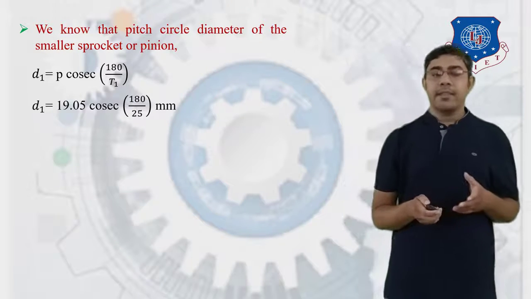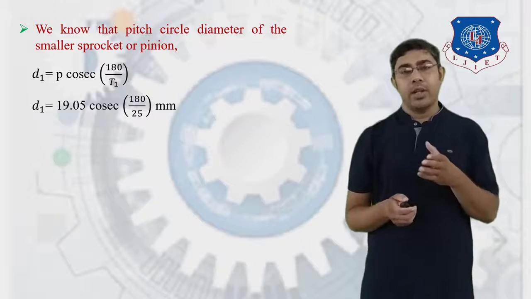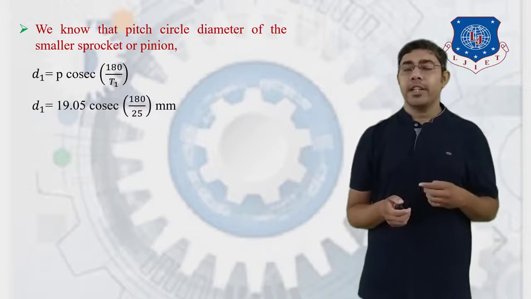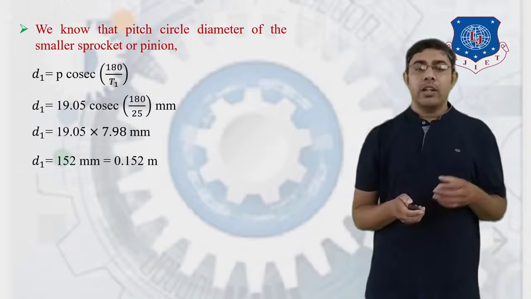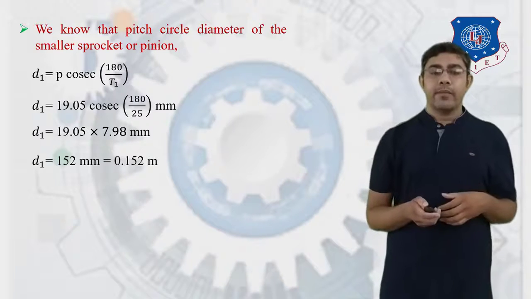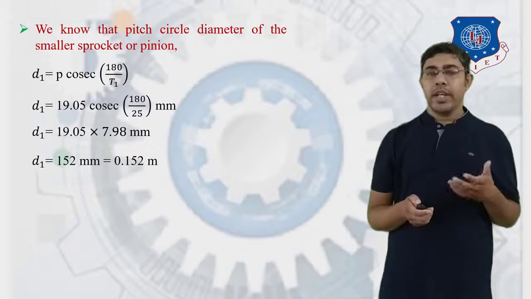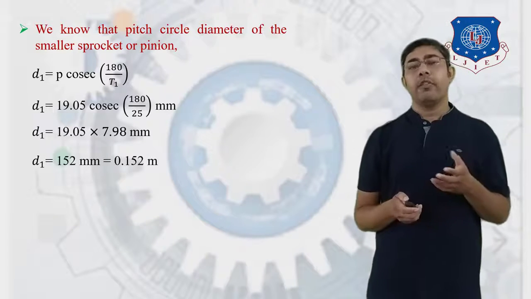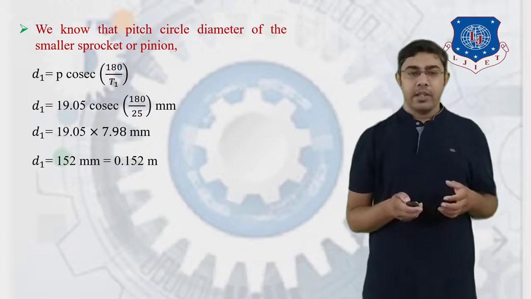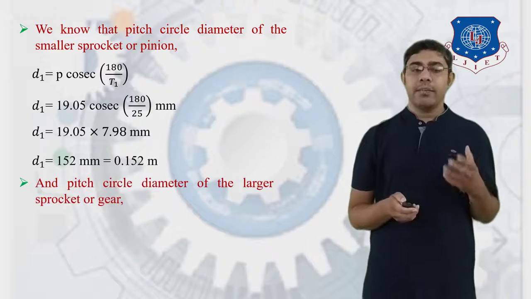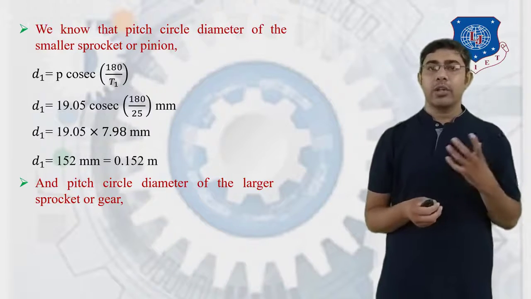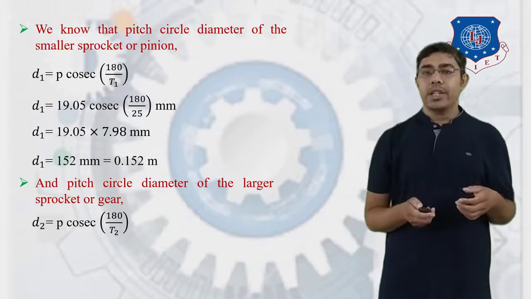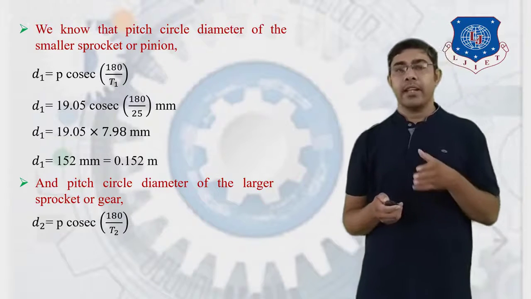So if we place the value of pitch P as 19.05 and T1 as 25, we get D1 is equal to 152 mm, and in meters, 0.152 meter.